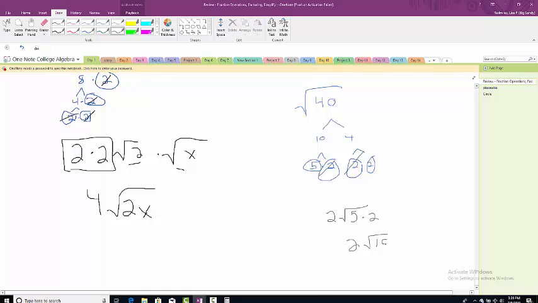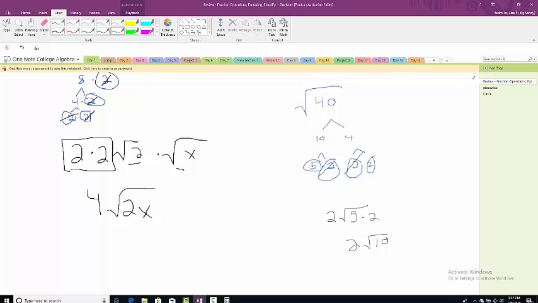Now if I had put that in my calculator, I would get a run-on decimal, a decimal that, well, it's called an irrational number. And I would have to round an irrational number, which means it would not be an exact solution. So if you're asked for an exact solution, that would not be it.